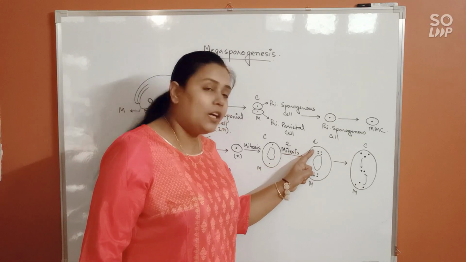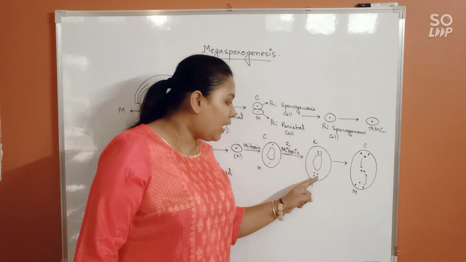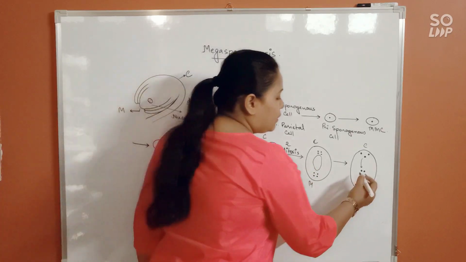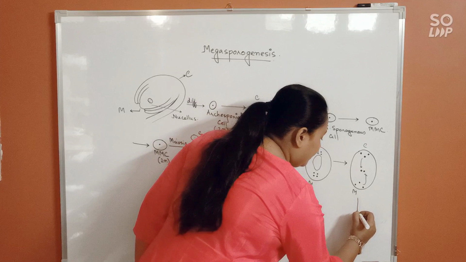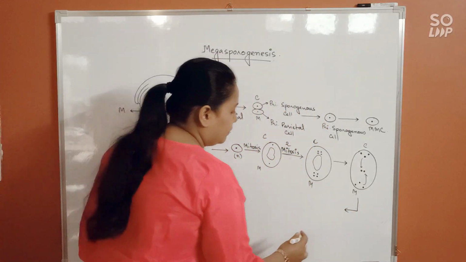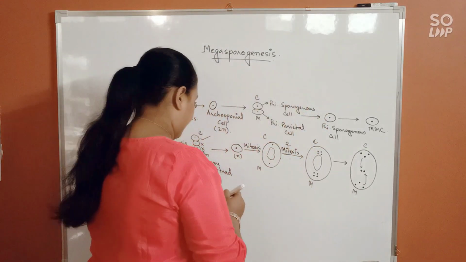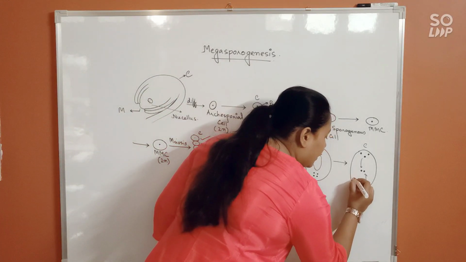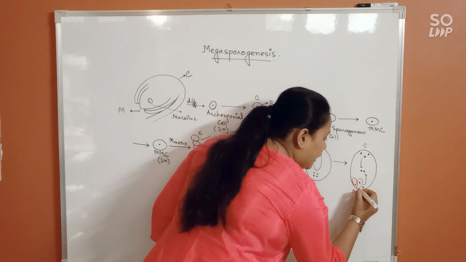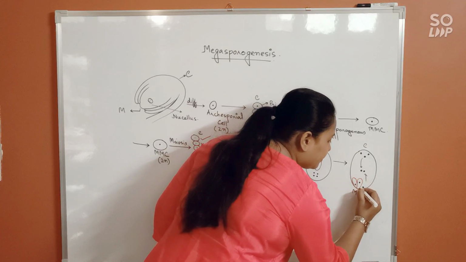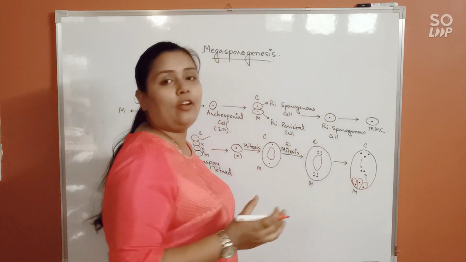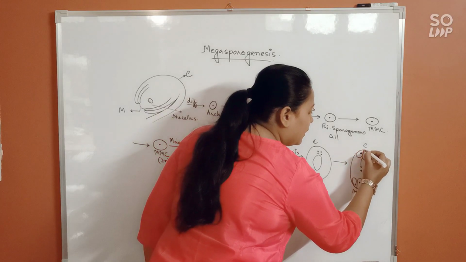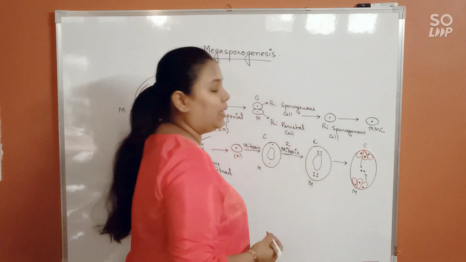So from here out of the 4, 1 will go to the center, and here out of the 4, 1 will go to the center. Okay? So now finally what will happen? See, these 3 nuclei will get surrounded by thin layer of cytoplasm. These will also get surrounded by thin layer of cytoplasm.